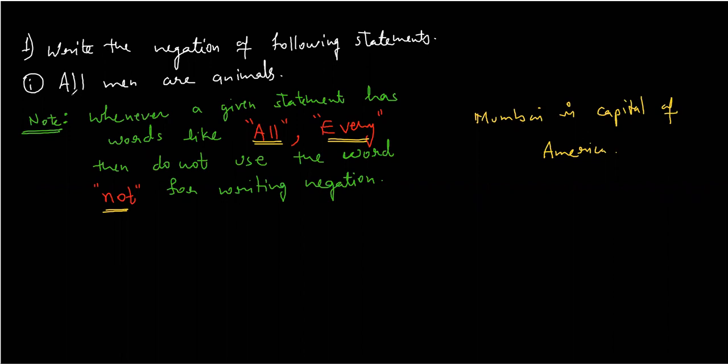I am saying that if you see such words, all, you will not use the word not. That means the negation of all men are animals, don't say all men are not animals. No, don't say that. So what is the answer? The answer is, it is false that all men are animals.